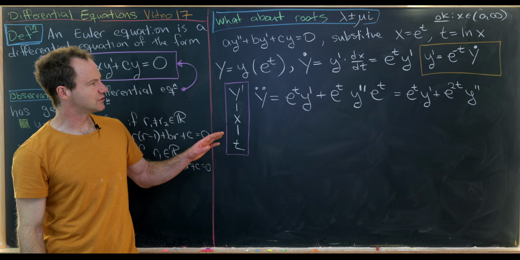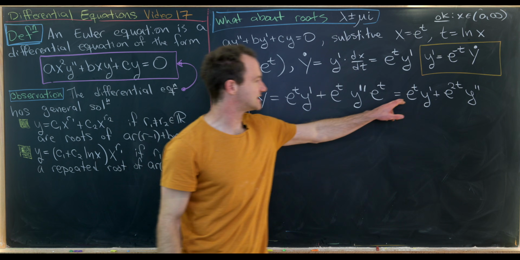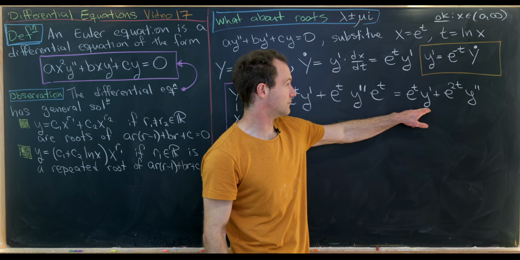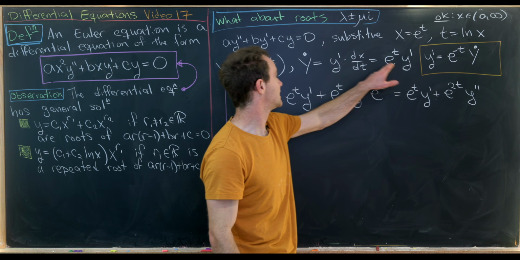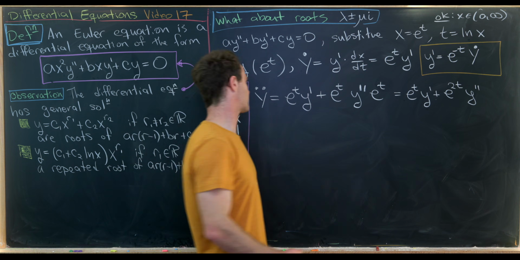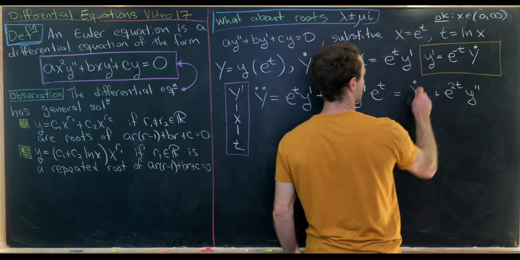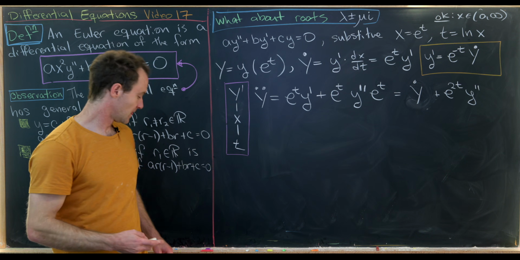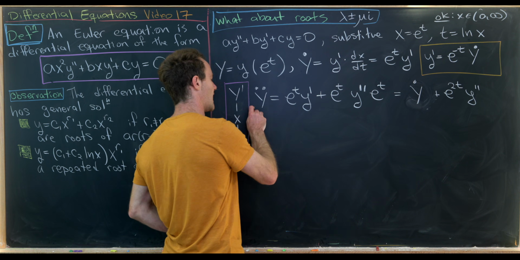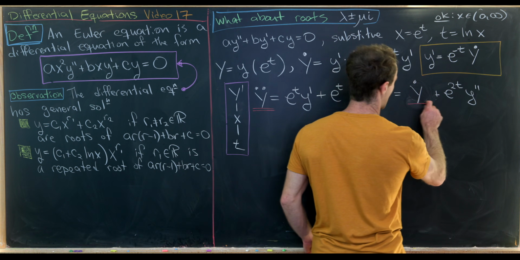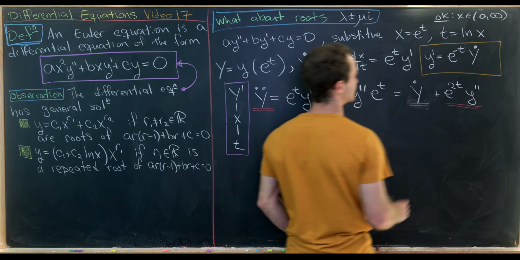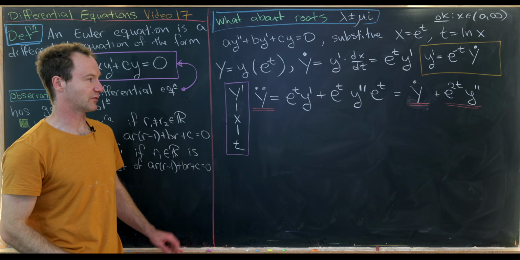Another thing that I'd like to do real quick is notice that e to the t times y prime is in fact just equal to y dot from our previous calculation. So let's maybe erase this and replace it with y dot. But now let's look at this. We've got y double dot is equal to y dot, and then e to the 2t times y double prime.